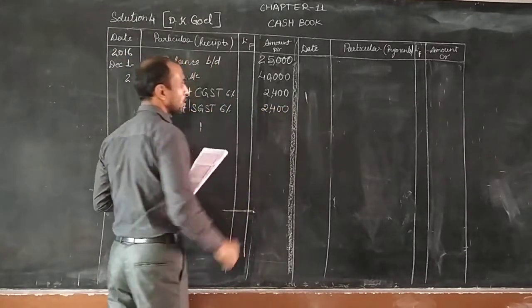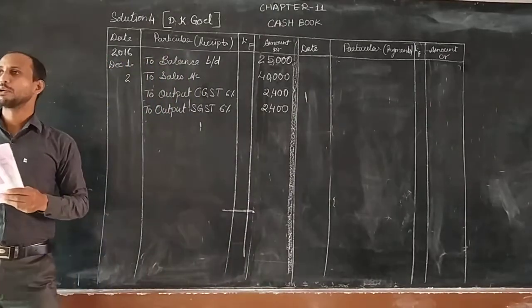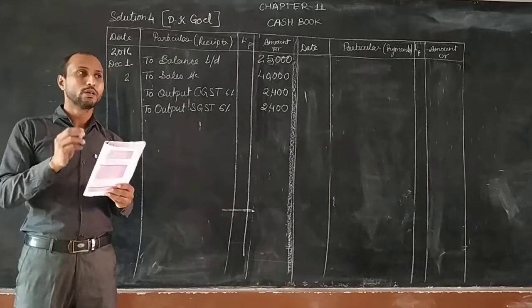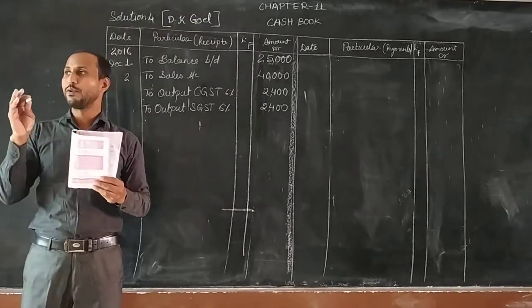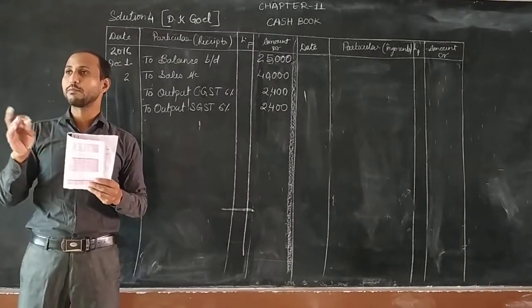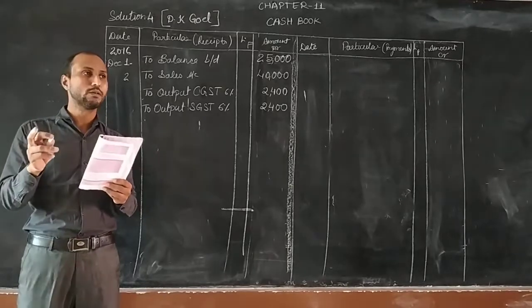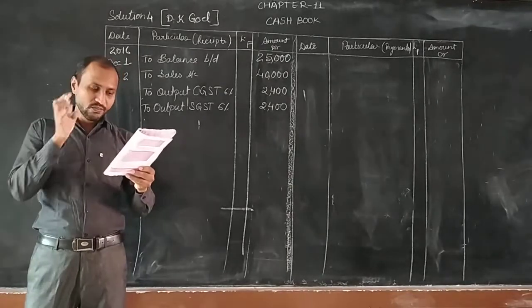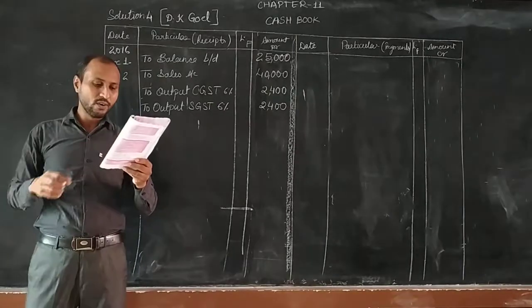So you have to record these two amounts also, because you are not simply going to take 40,000. You are going to accept 44,800 rupees from that person to whom you are going to sell the goods. Is it clear?